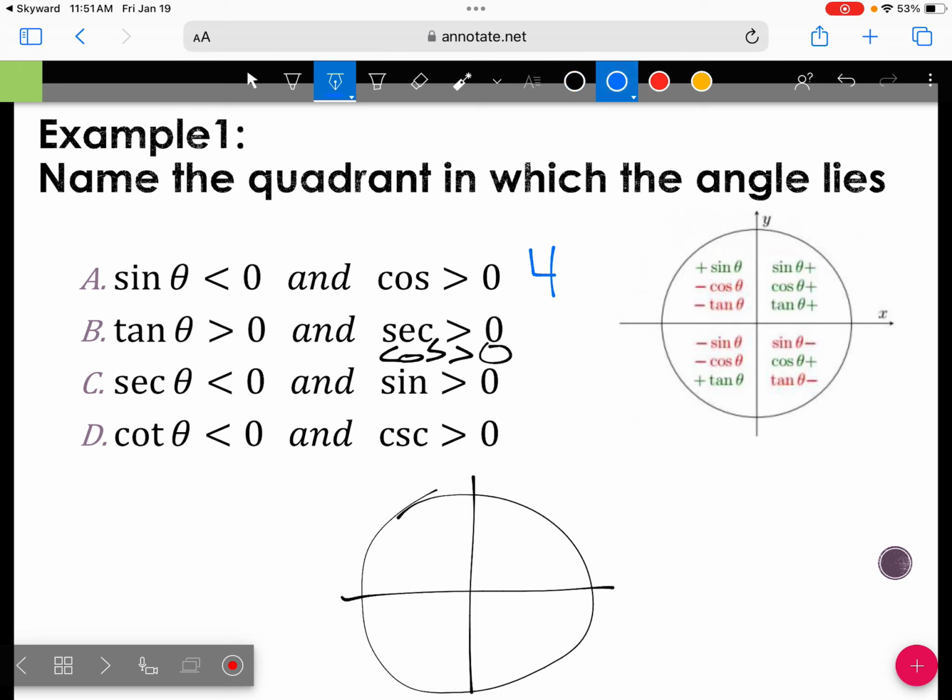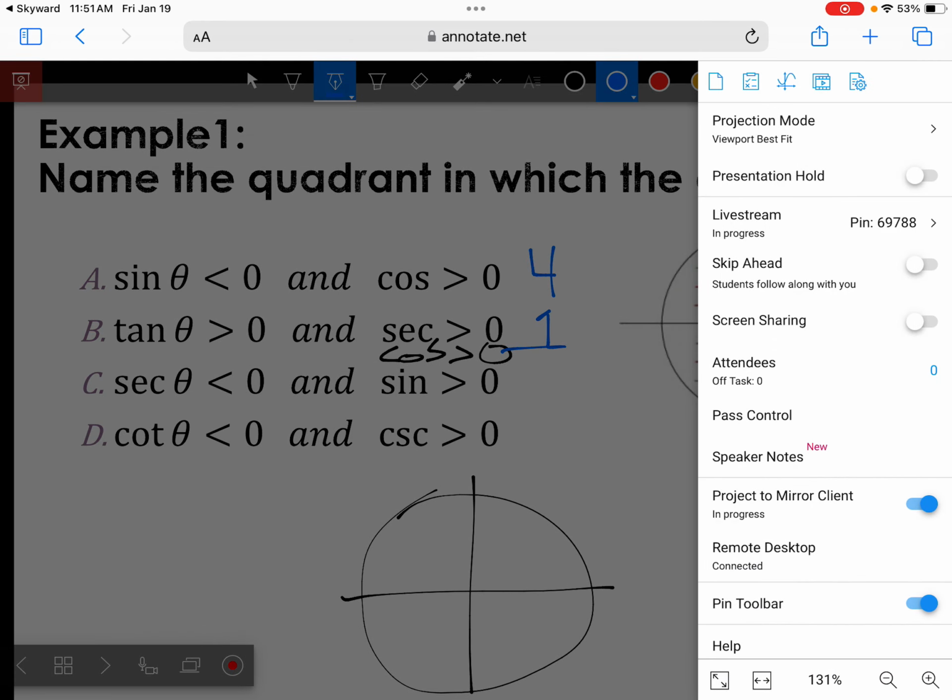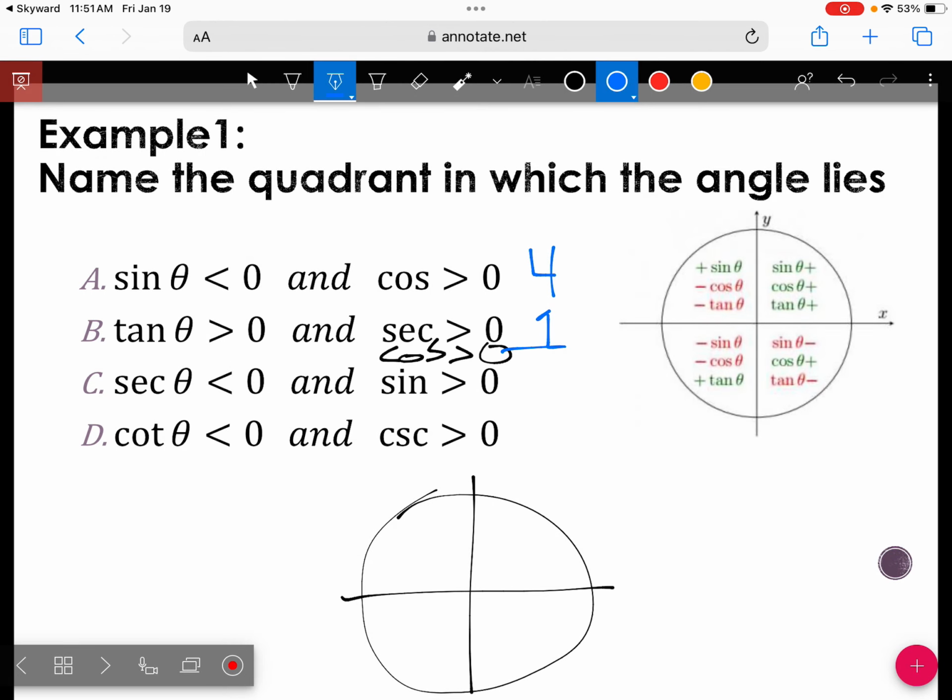We're getting 1? Good. So let's work through that one together real quick. So we all said it was 1. And using our information, tangent of theta is greater than 0. Well, using our mnemonic device, which is, what? Could someone remind me?